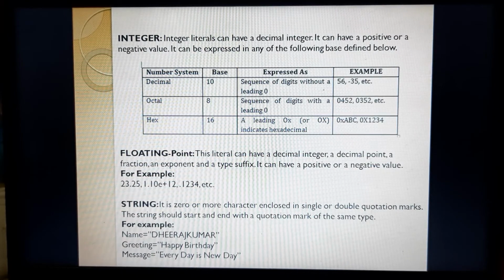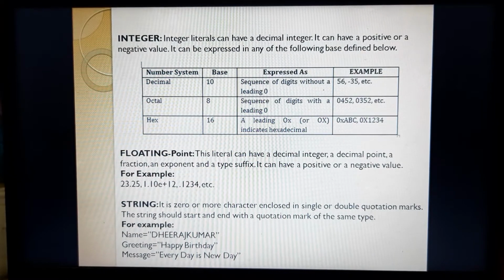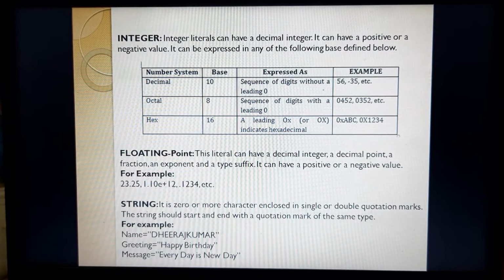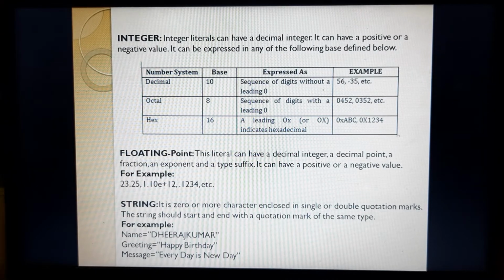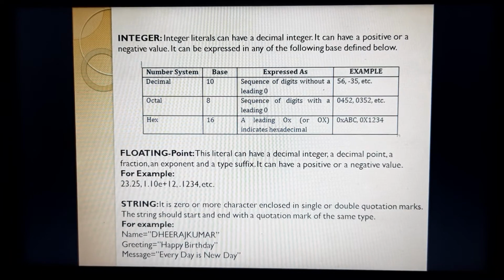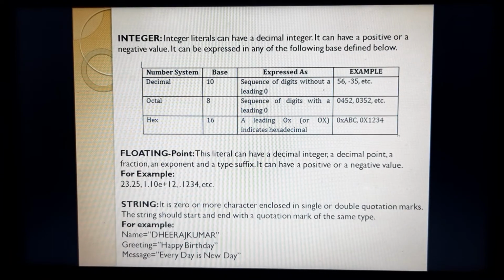Examples are 56, minus 35. 56 is a positive value, no need to mention the plus sign. If you write a normal numeric value like 56, 35, etc., those become positive values, and if you mention the minus symbol, that value becomes a negative value.